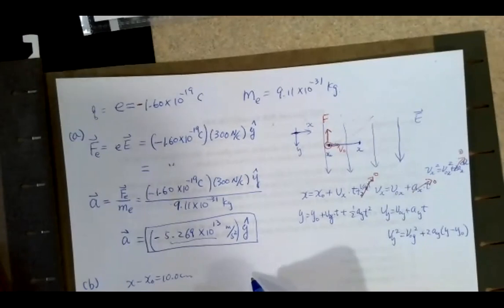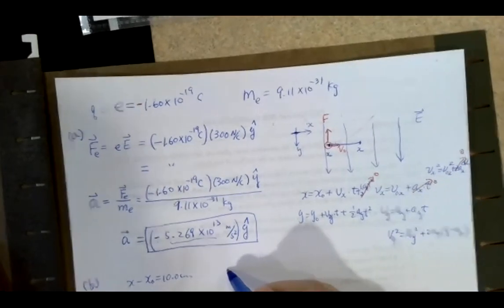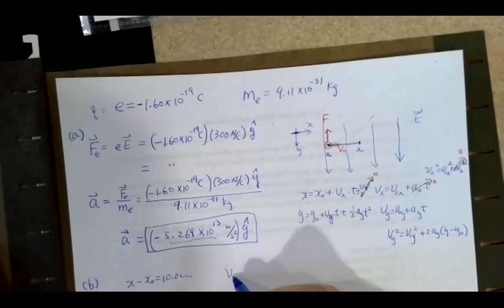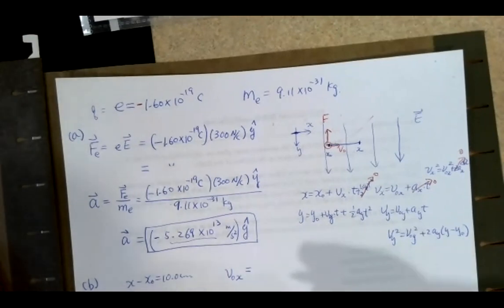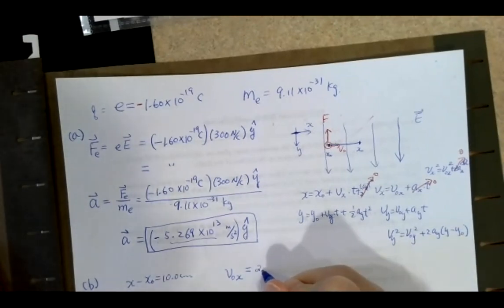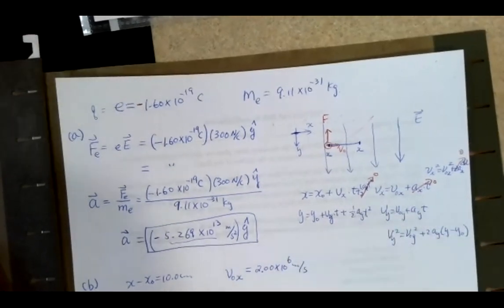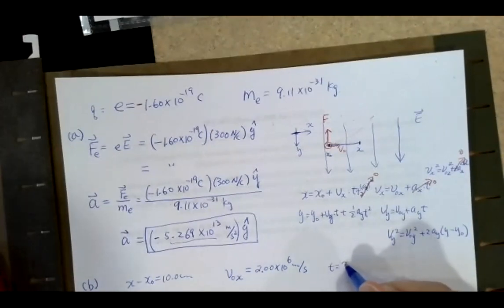It tells us that when it enters the field, it has an initial velocity of 2.00 times 10 to the 6 meters per second, in the x direction only, because it's horizontal only. So then it's asking what's the time t here.